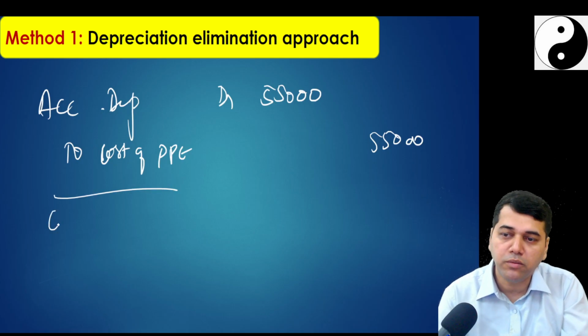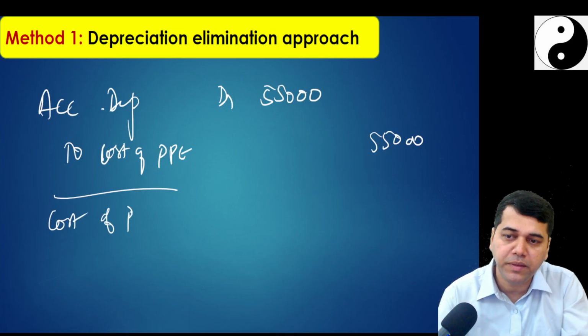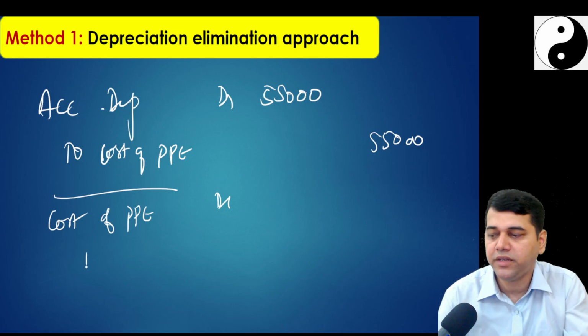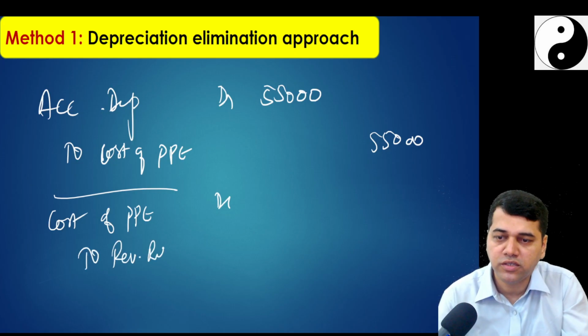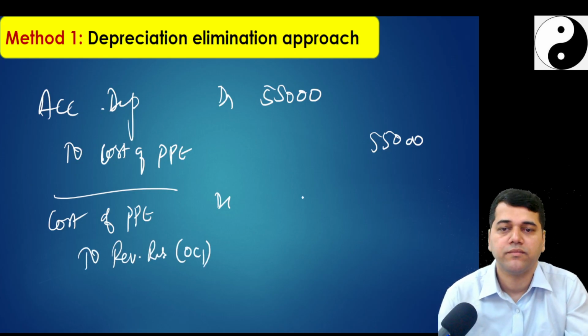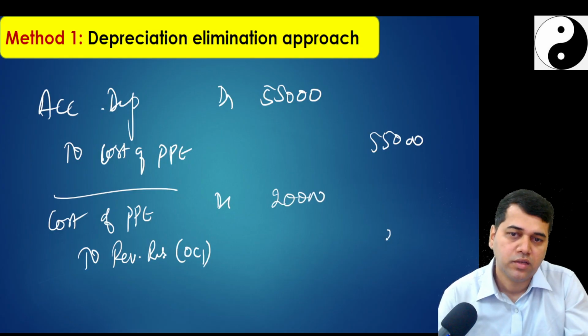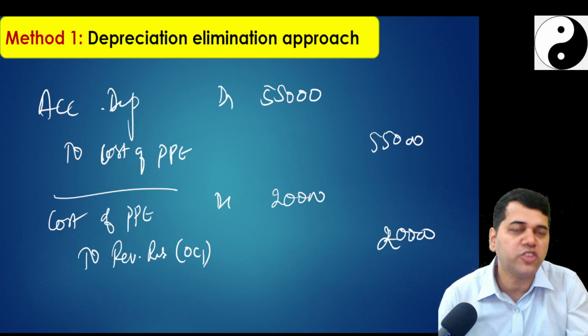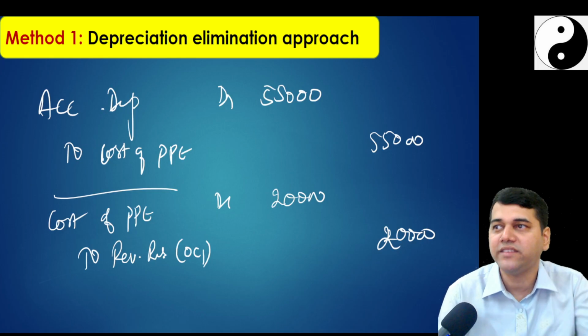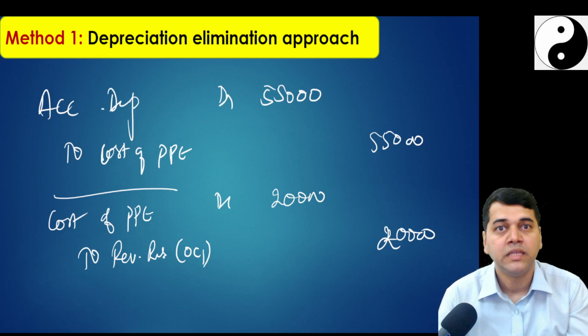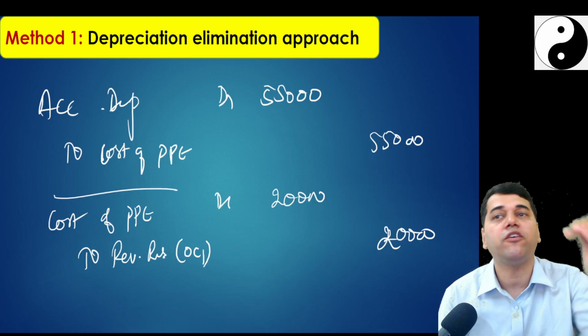Then you pass one more entry, cost of PPE account debit to revaluation reserve OCI, 20,000. Now your gross block is restated at 65,000 net, and you again begin with one new life of accumulated depreciation.